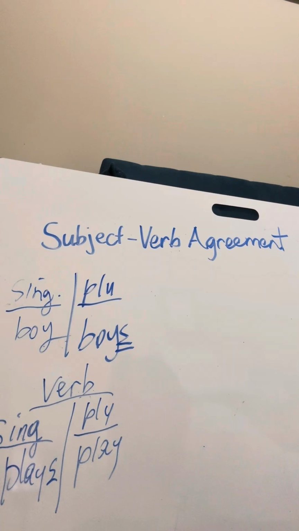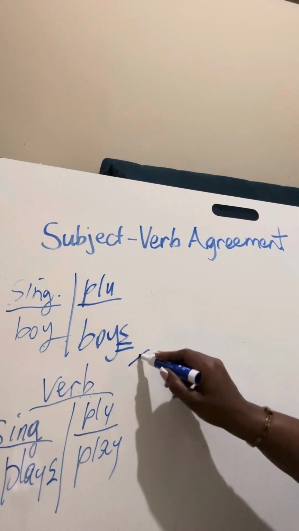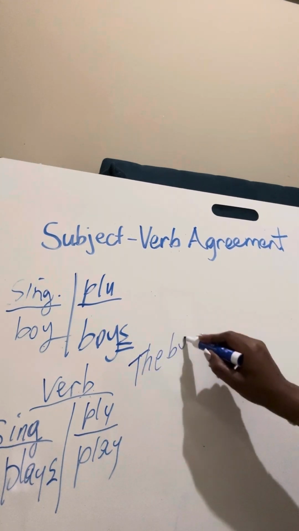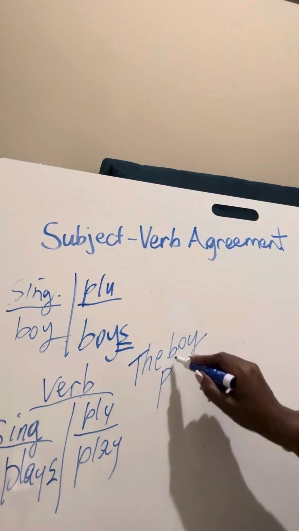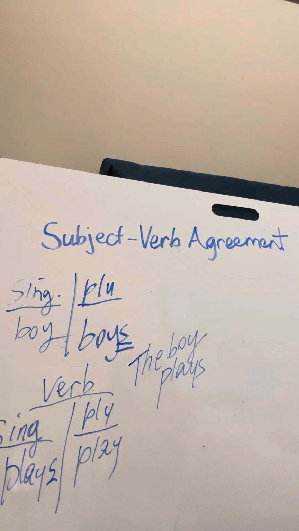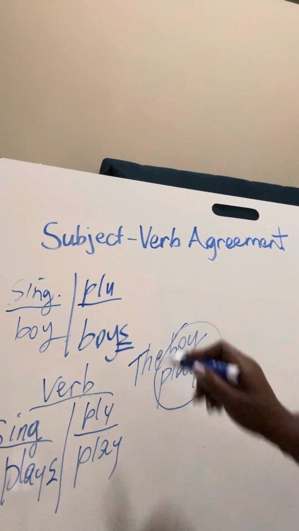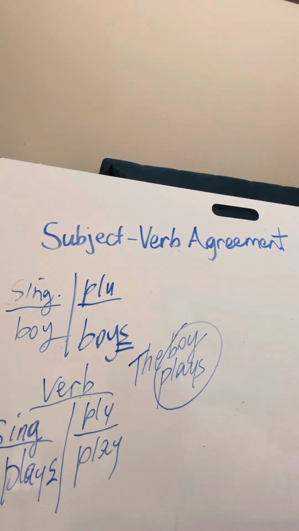And so when you put those together in a sentence, it's going to read, the boy, one boy, plays. All right? It can't be the boy play, because then boy is singular, but play is plural. And the two have to agree, hence subject-verb agreement.